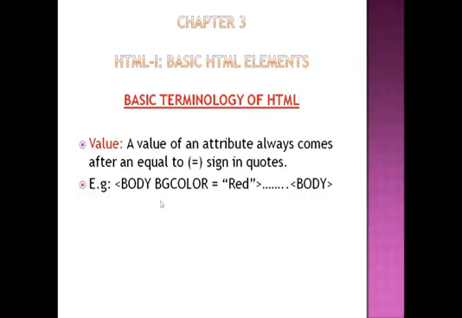Now bgcolor is nothing but the name of an attribute. An attribute is always written within the start tag, followed by an equal sign, followed by the value of the attribute. So red is the value of the attribute. Here the value is written within quotes.